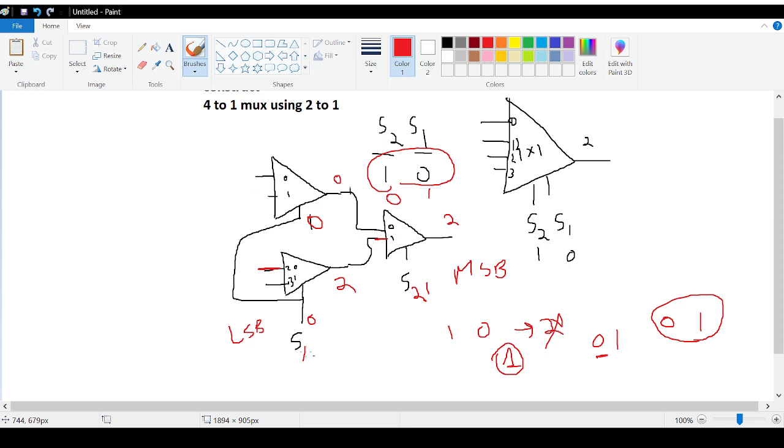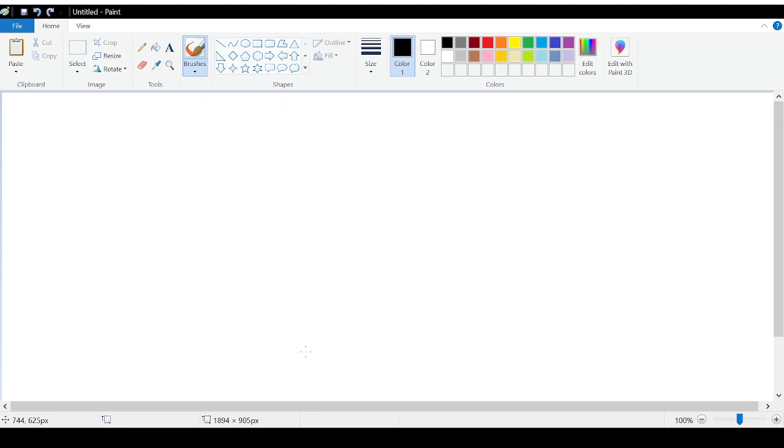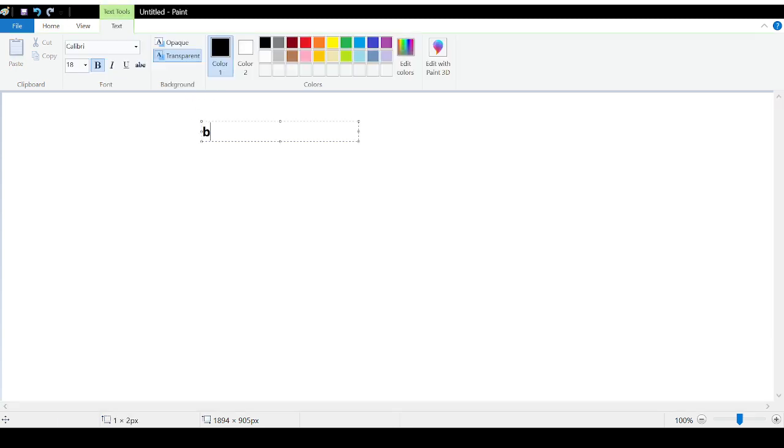Alright, does anybody have any question here? Okay, if you don't have any question, now we will do the opposite. We will build a smaller mux using a bigger one. We will build a 2-to-1 mux using a 4-to-1 mux.